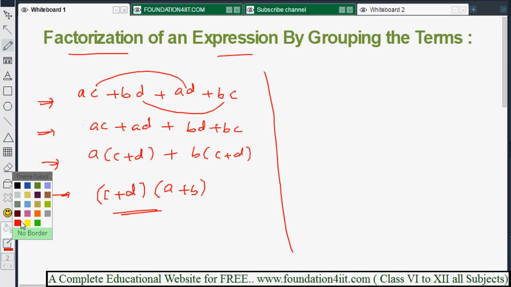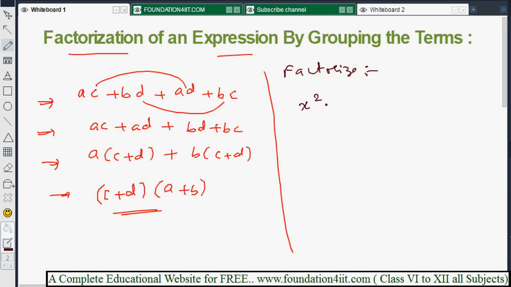Now factorize. So how to group them. Okay, see the question here. X square minus y plus xy minus x. Now there are the 4 terms. So how to group them? First two, last two if you take, we cannot take any common.